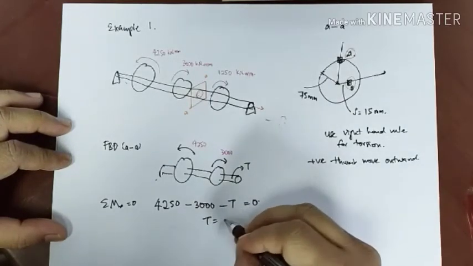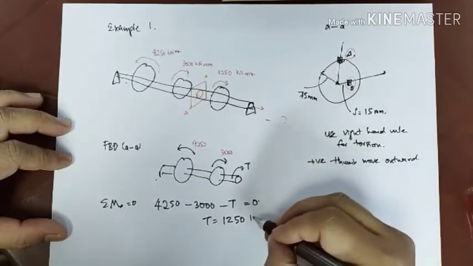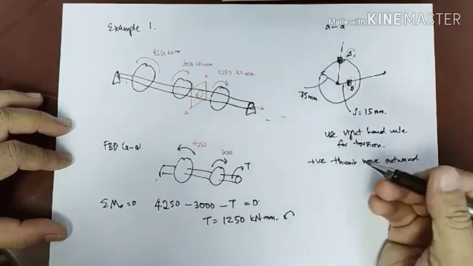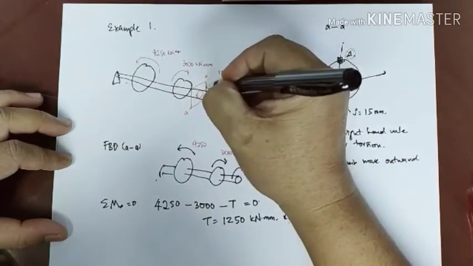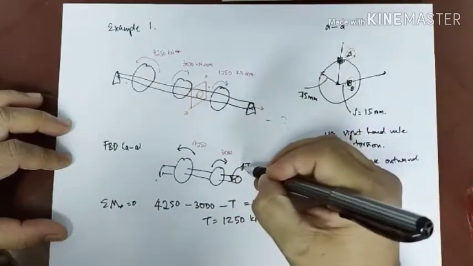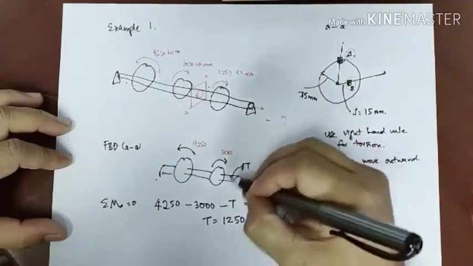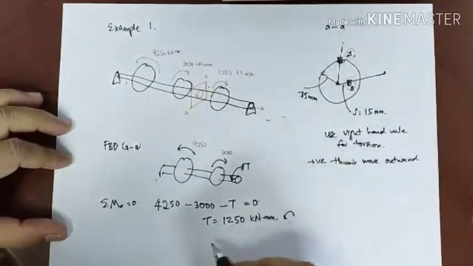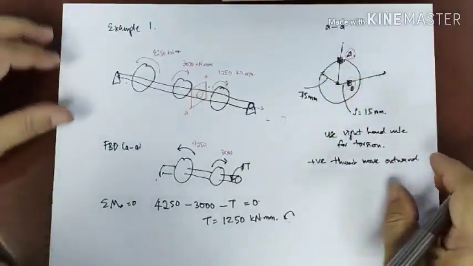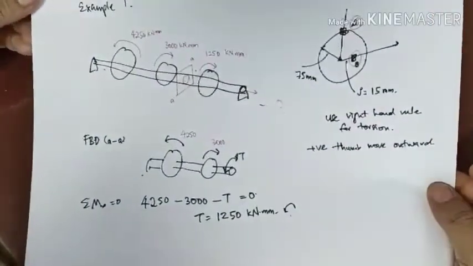So T is equivalent to 1250 kilonewton millimeter. So positive T: initially we assumed it is the other way, but finally we conclude that the T is moving inward as a positive number.